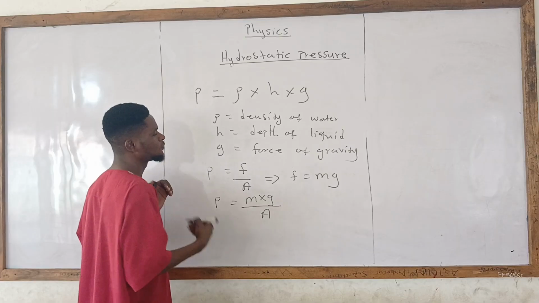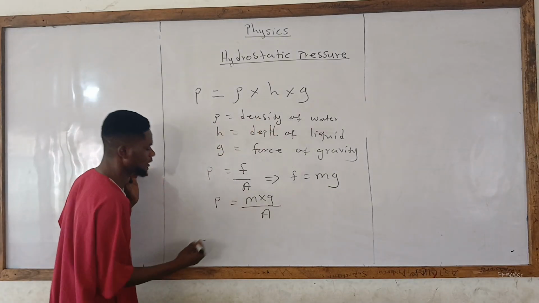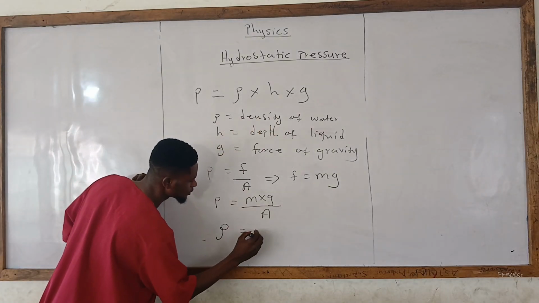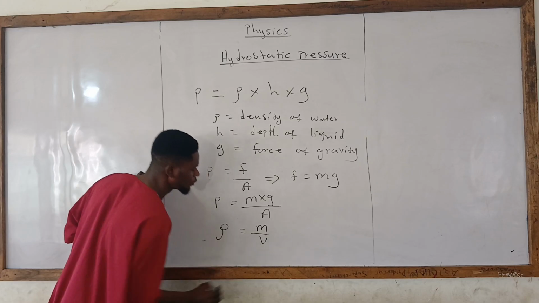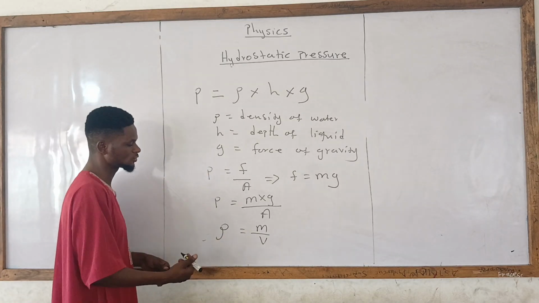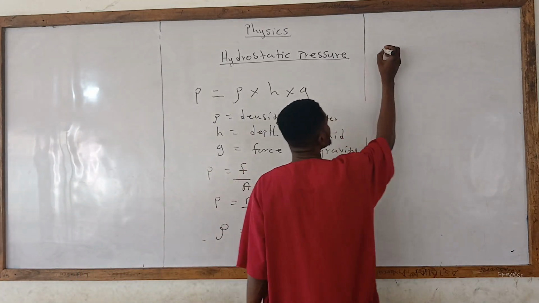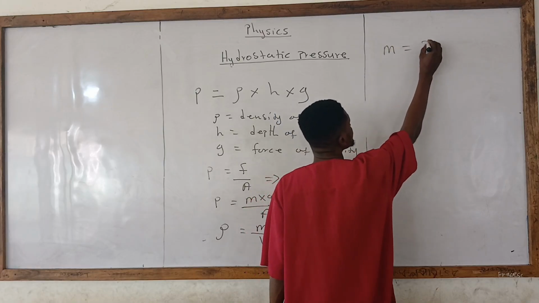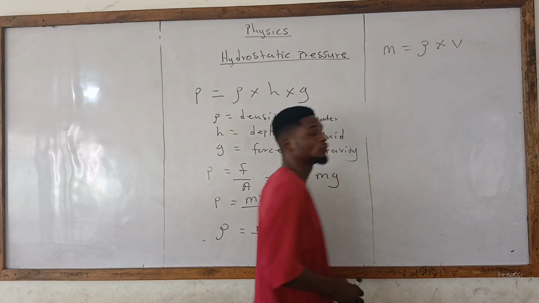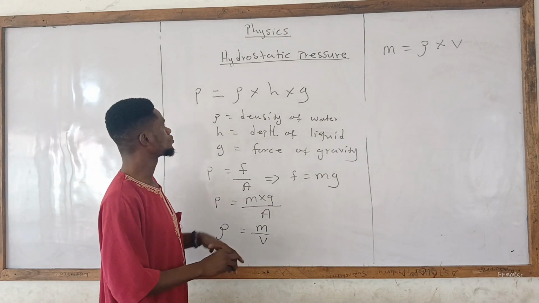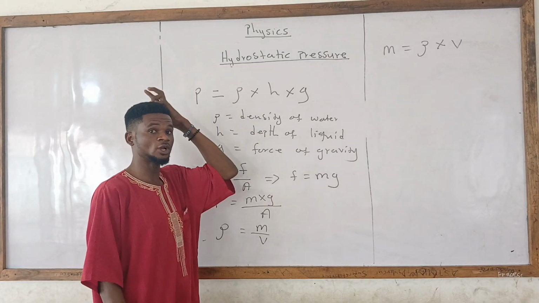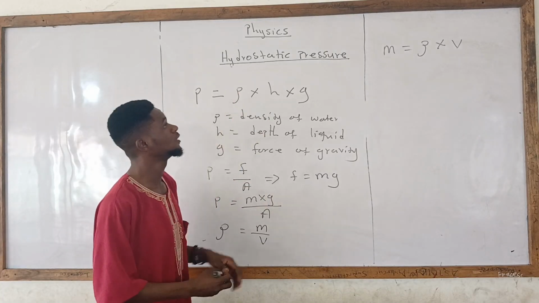So here, from our density formula, we say density is equal to what? Mass over volume. So if density is equal to mass over volume, we can make mass the subject, where mass is equal to density times volume. We are going to derive this formula, or we are going to find how we came by this formula.